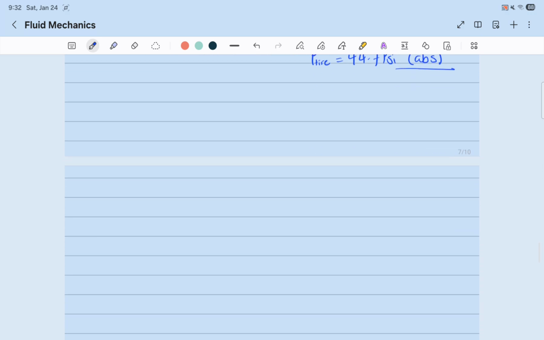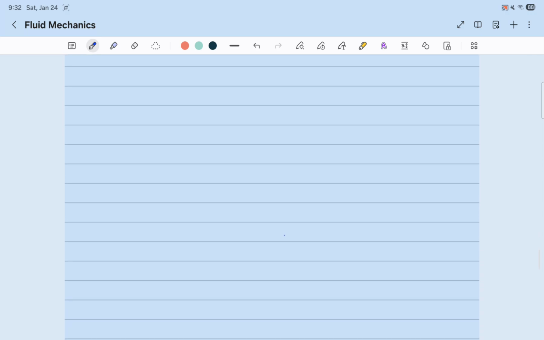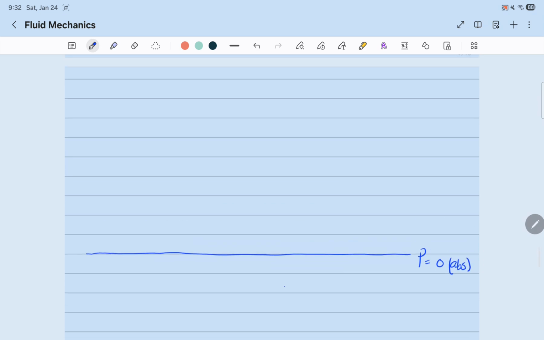Okay? So let's draw a diagram to help us understand it even further. So we'll say this line here is where P equals 0, absolute. So the absolute pressure is 0 here. Okay?